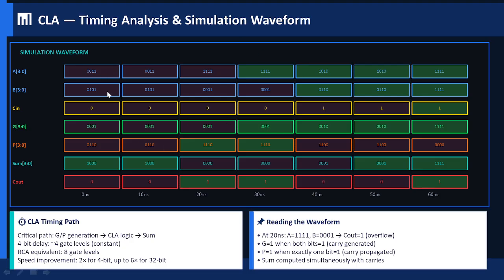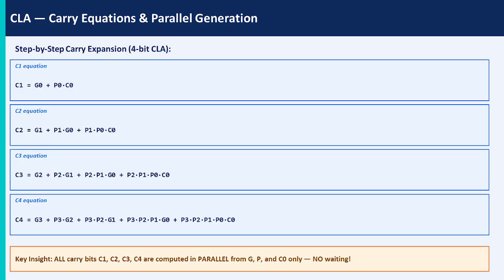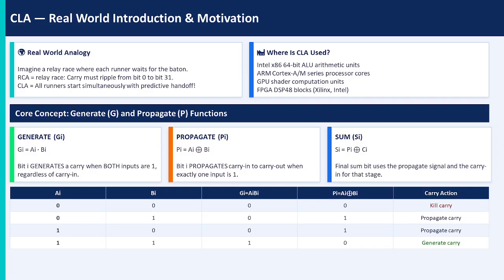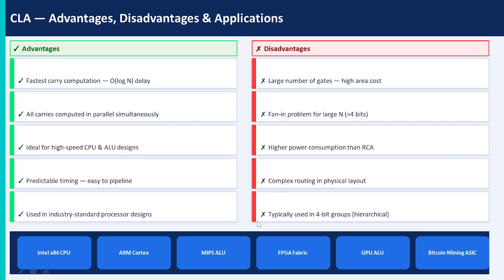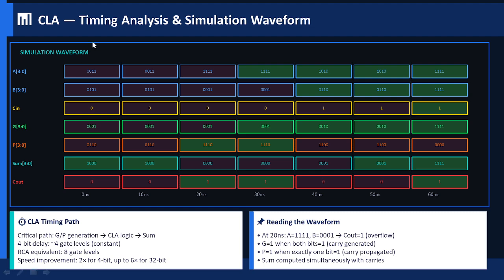So if you are going to create a generate signal, just think: if you have 4 bits of input A and 4 bits of input B, then how many bits should the generate signal have? It should be 4 bits, right? Because earlier we had only 1 bit, so we generated 1 bit of generate signal. But now we have 4 bits, okay? So how do your bits look?